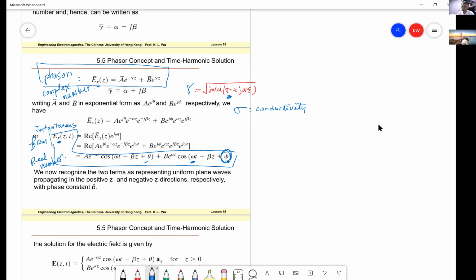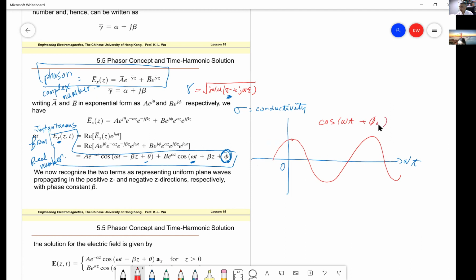See, if we have an axis, let's say change with time, this is 0. If you have a sinusoidal wave, it changes in this way, compared to cosine of omega t plus phi. This is phi 0.